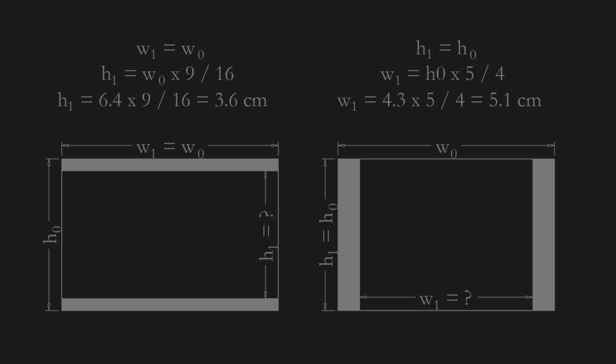In this example, we're using 5:4. Working through that with the D7100 measurements, you would take the original height of 4.3 and multiply that by 5/4, which is your desired aspect ratio, giving you a final mat width of 5.1 centimeters.